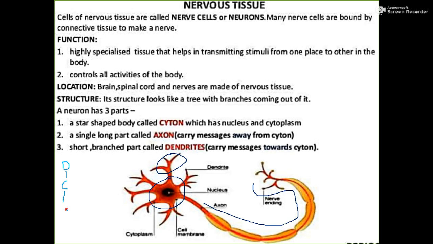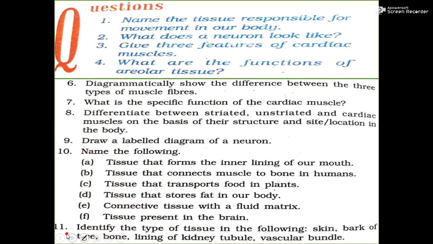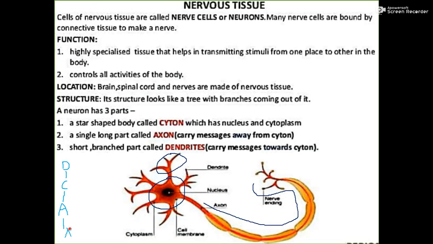From cytone it is transferred to axon, and from axon to axon ending, and from the axon ending it is transferred to the dendrite of another cell, and another to another, next to next.